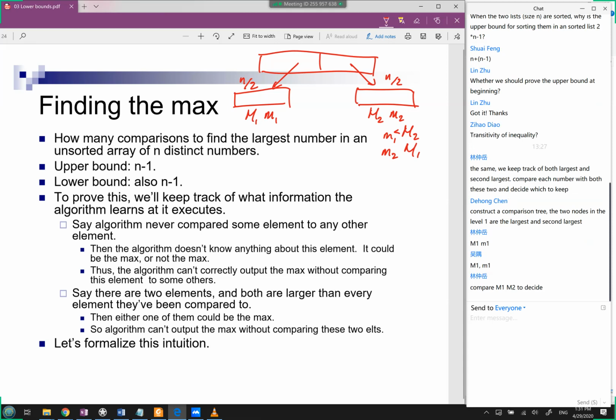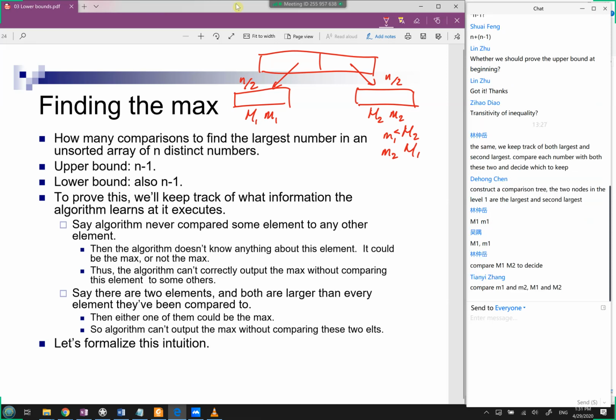All we know is that we have M1 and M2, and little m1 is going to be less than m2. However, we don't know which of big M1 and big M2 is larger. Therefore, you have to do an additional comparison in that case.